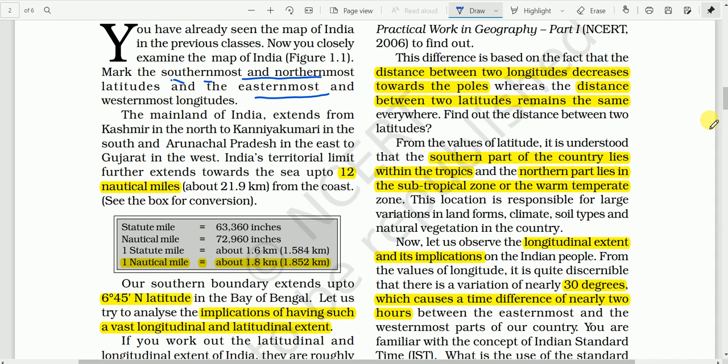And from that map, you will find that, just read here, the mainland of India extends from Kashmir in the north to Kanyakumari in the south, and Arunachal Pradesh in the east to Gujarat in the west. And India's territorial limit further extends towards the sea up to 12 nautical miles, that is 21.9 kilometers from the coast.